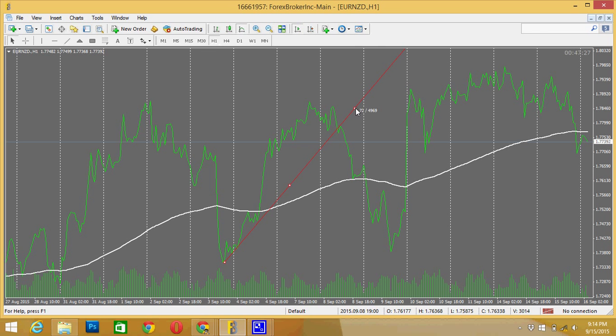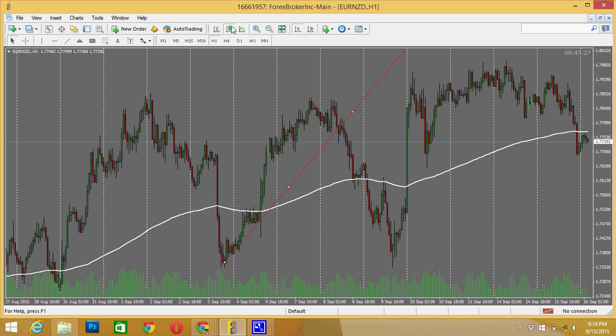So with that said, you want to draw your trend line based off of this chart and then switch back, because you're going to be able to trade off of it better, more effectively.